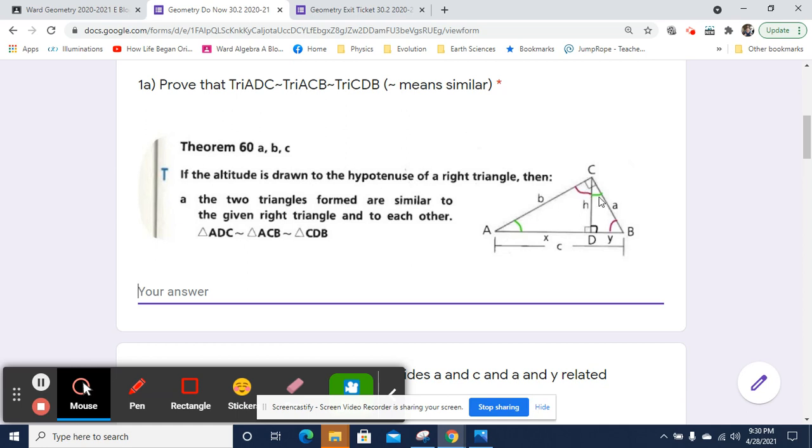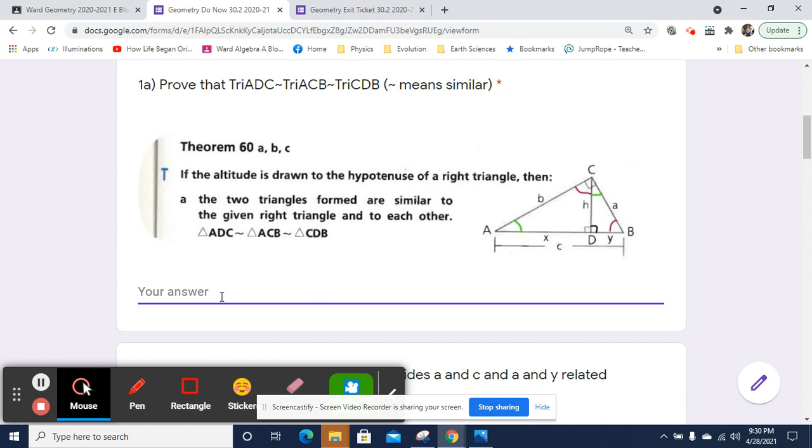Finally, this angle here is also complementary to this one, because it's what completes 90 degrees total for what's left. Okay, so we have three similar triangles.